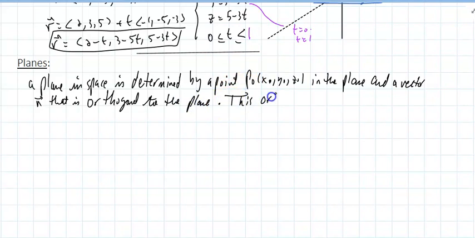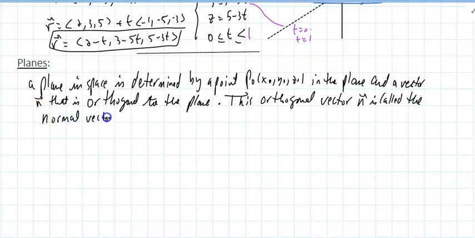This orthogonal vector is called the normal vector. And a normal vector is a vector that is perpendicular.